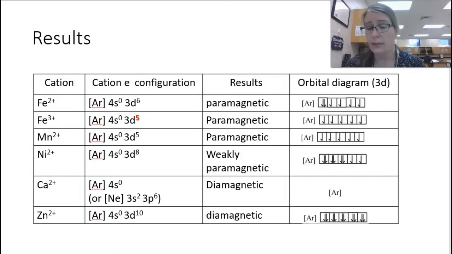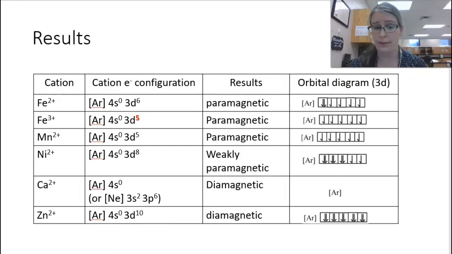The nickel, when we notice it has 3d8, so you would have 5 electrons and then go back and pair up 3 of them. So there's only 2 unpaired electrons there, which explains the weak paramagnetism we see with the nickel salt.